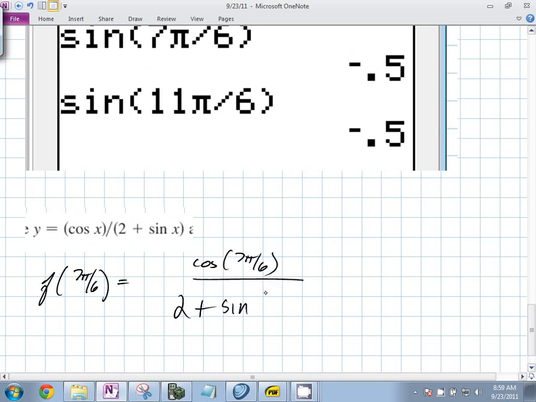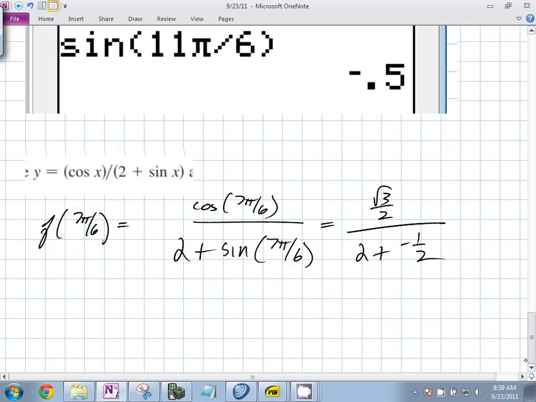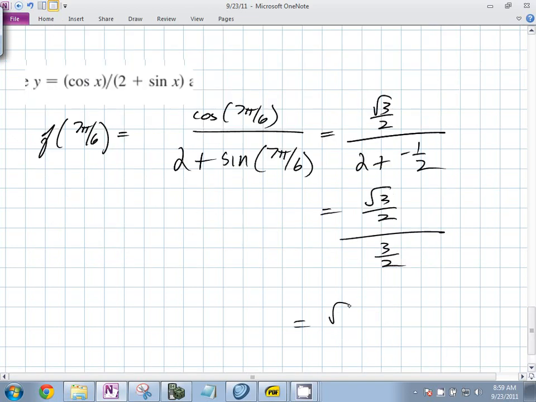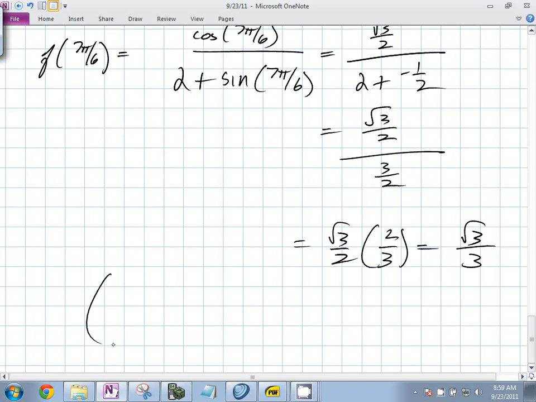Negative root 3 over 2. And sine of 7 pi over 6 is negative 1/2. So we end up with negative root 3 over 2 over 3 over 2, which is negative root 3 over 2 times 2/3, which is negative root 3 over 3. So our first coordinate is 7 pi over 6 plus 2 pi n, comma, negative root 3 over 3. There's your first set of points.